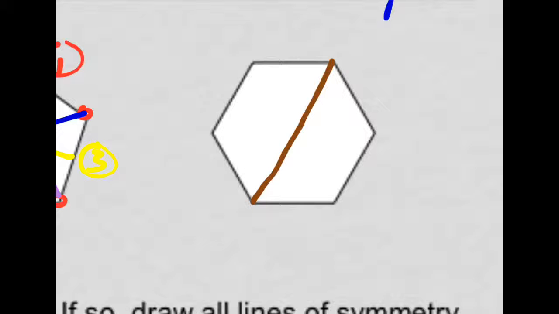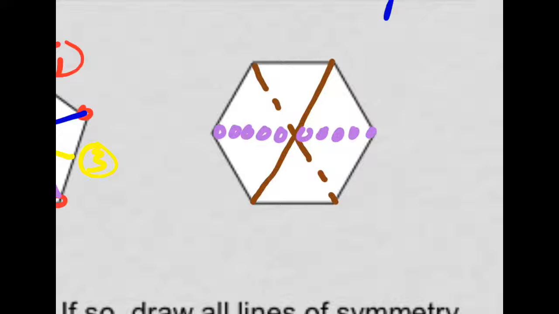But if you don't have different color highlighters or pens, then do one solid line, do one dash, dot, dash, dot, dash, and then another type. Maybe it's just dots. But that way you can really tell the difference between those.